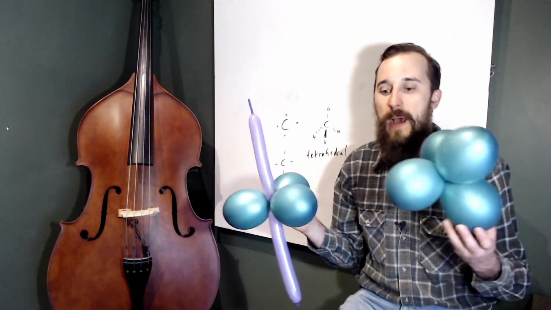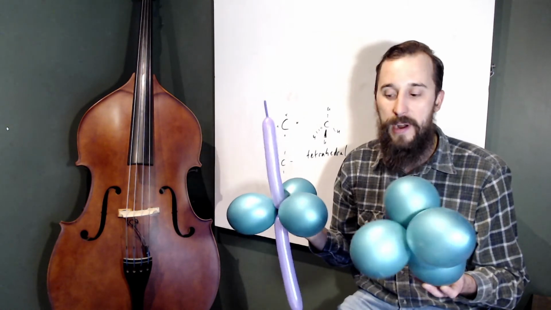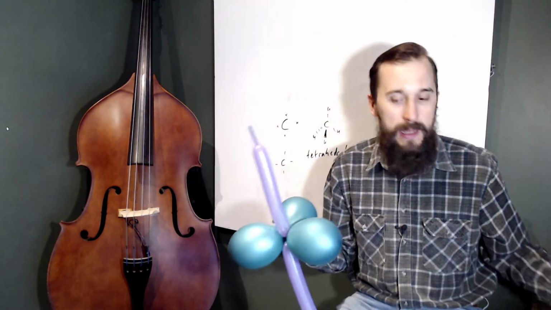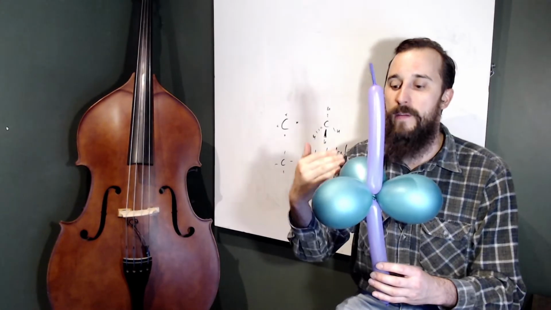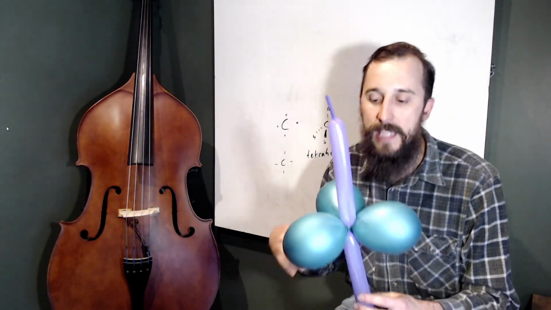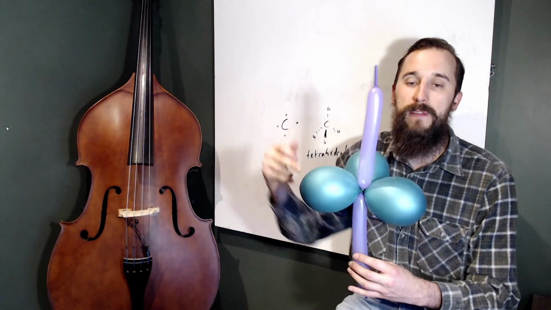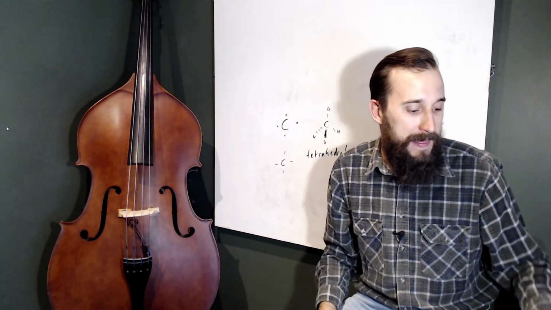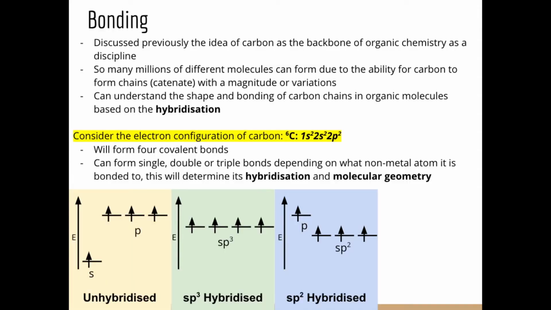Compare that to our sp3 hybridization, where we hybridized all three to get four equivalent sp3 orbitals. In our sp2 hybridization, we just hybridize the s with two of the p's to get three equivalent sp2 orbitals, and then our one unhybridized p orbital. And this gives it a sufficient geometry to form a double bond, which we will see in just a second.